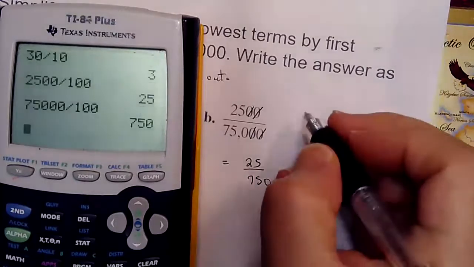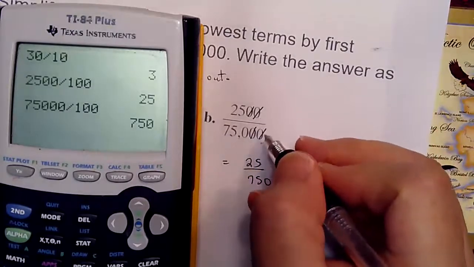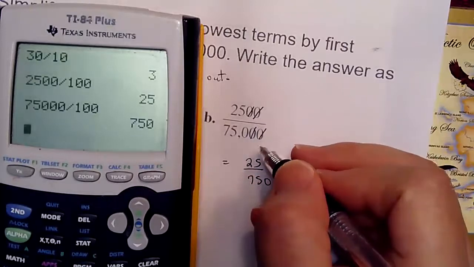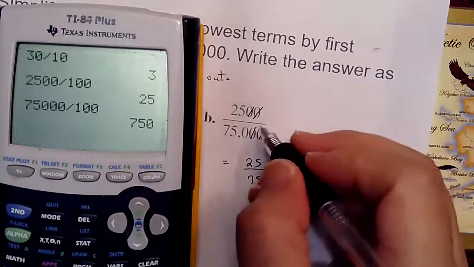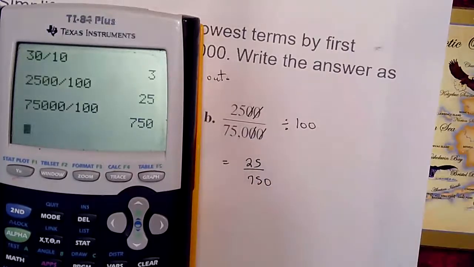So when you're knocking out zeros on the top and another zero on the bottom, and you see how we knocked out 2 zeros, what that means is that we knocked out 100.